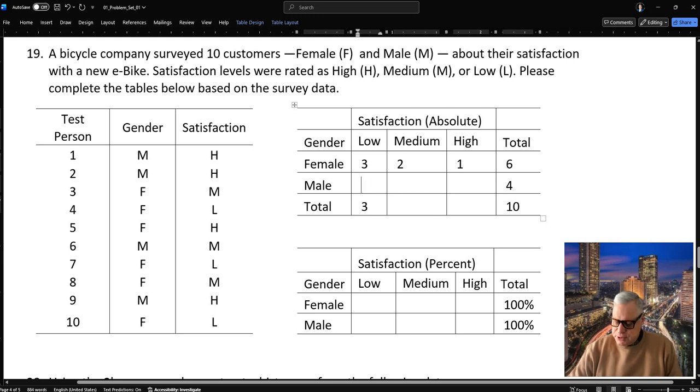That means there's not a single male that has given a rating of low. We can double check: male high, male medium, male high. So males really like that product. So how many males gave a medium? MH, so we have to look for MM. So there's 1.